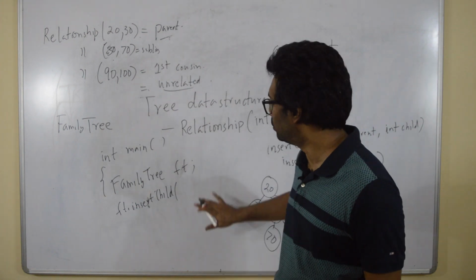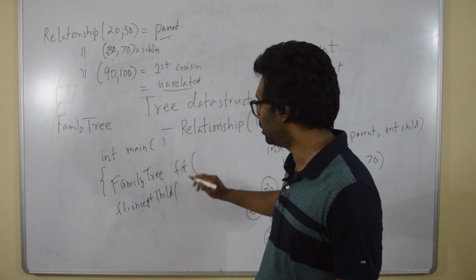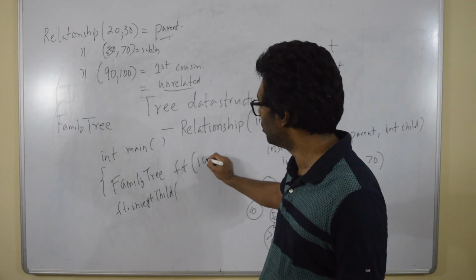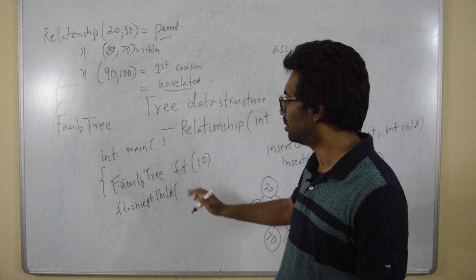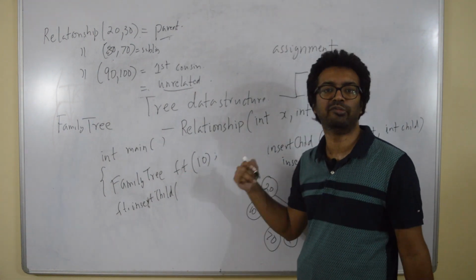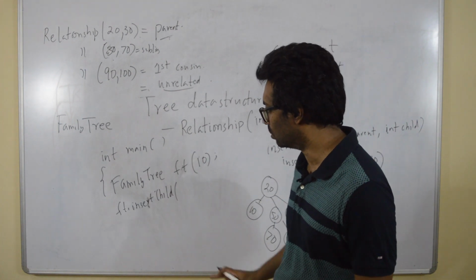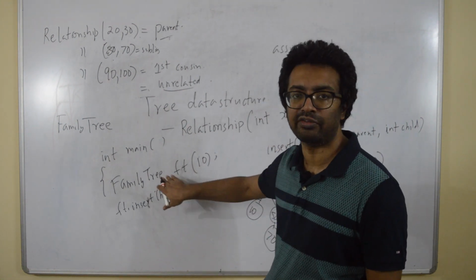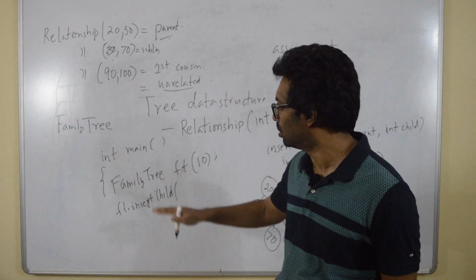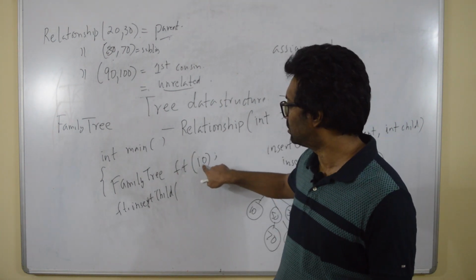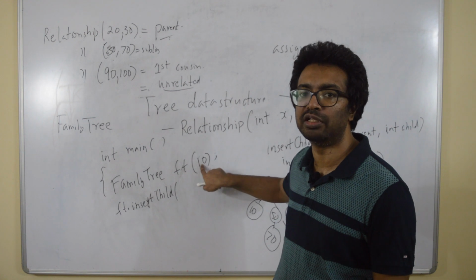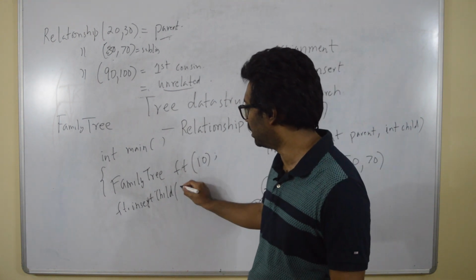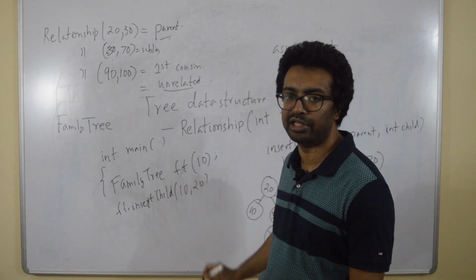When I create family tree ft, in the constructor you can insert some number at the beginning. So 10 will be the root. Just start with the root, it makes life easy. I can write family tree ft of something which will be the root. Now I can have insert child 10, 20, so 20 will be the child of 10.